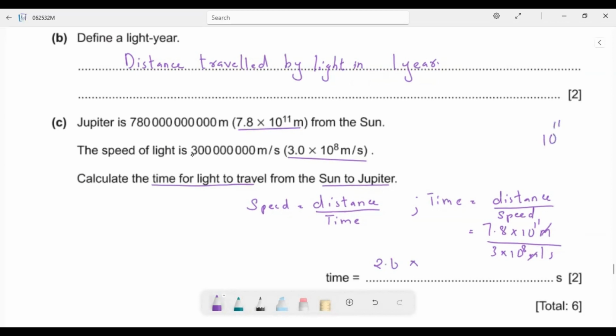This 10 raised to 8 will go on the top, so it will be minus 8. So it can be written as 10 raised to 3. So it is 2.6 into 10 raised to 3 seconds.